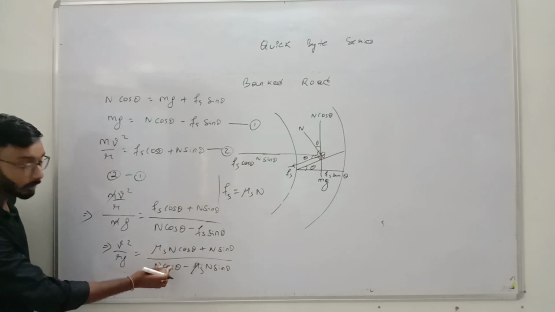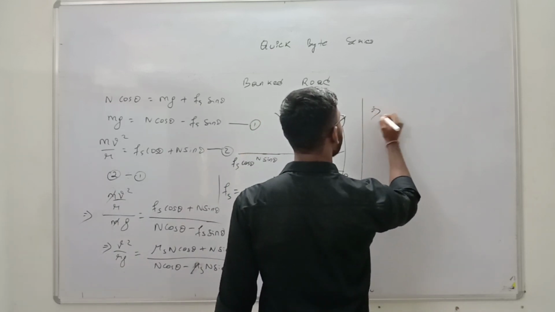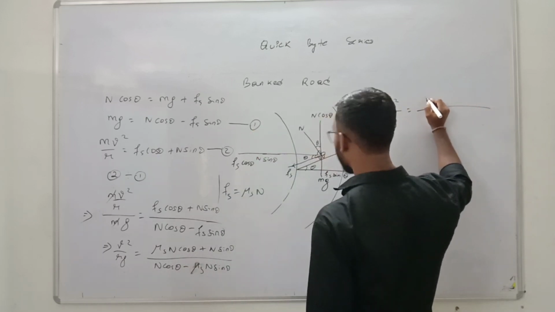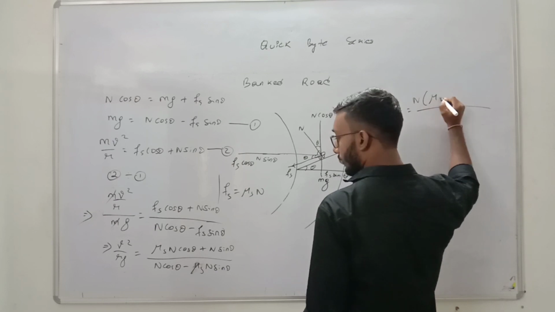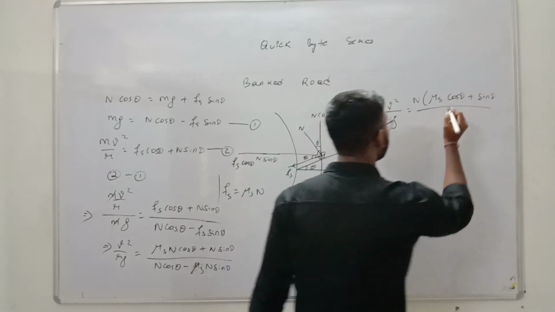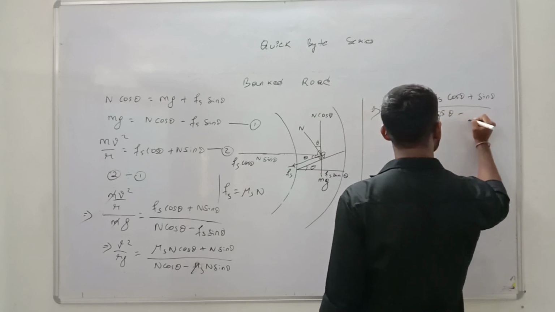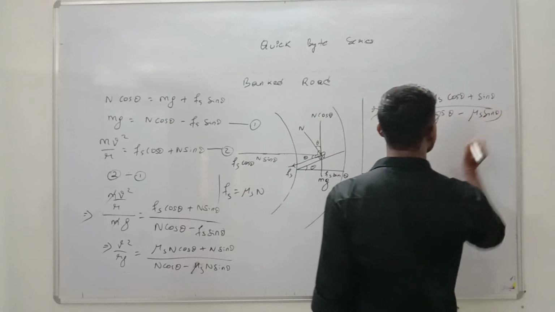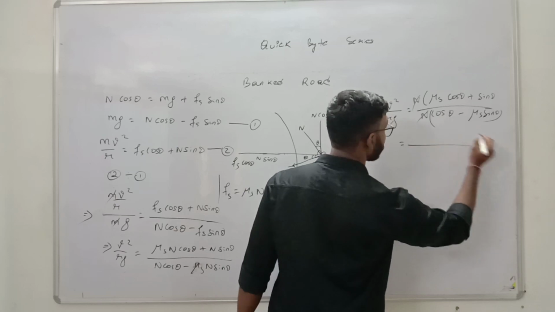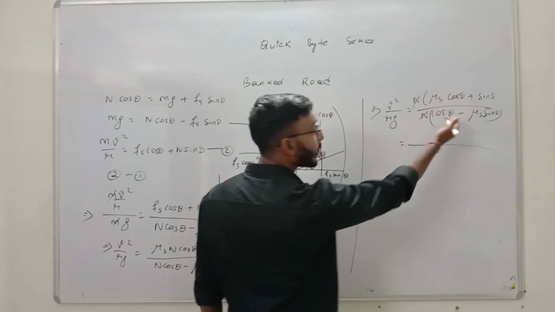So if we take common, we can take common this N. It will be N times mu s cos theta plus sin theta, and N cos theta common, so it will be only mu s sin theta. So this N will get cancelled. Now we will divide both the numerator and denominator by cos theta.